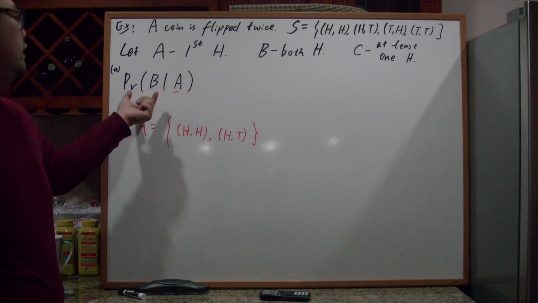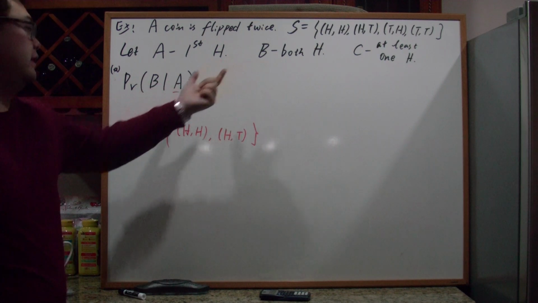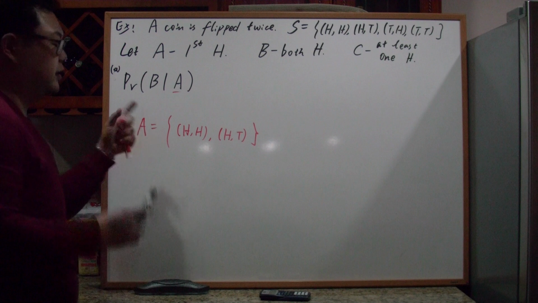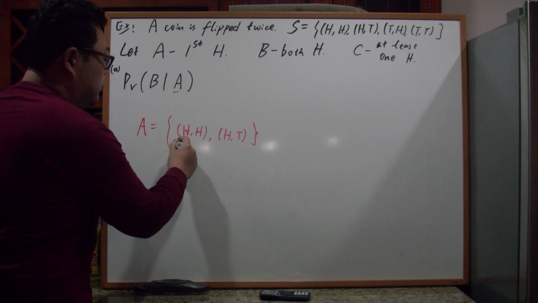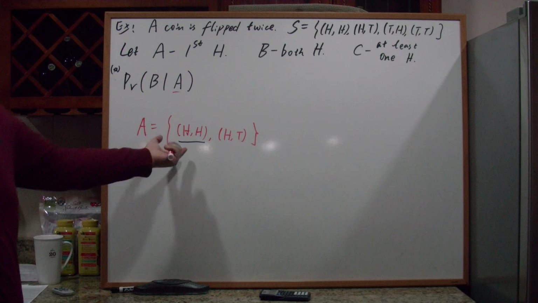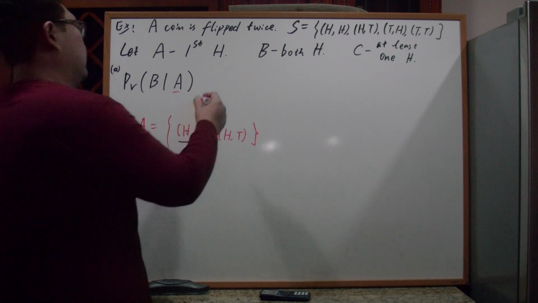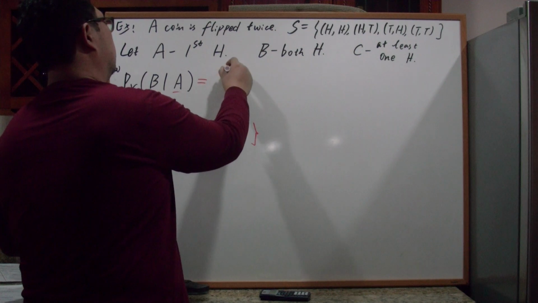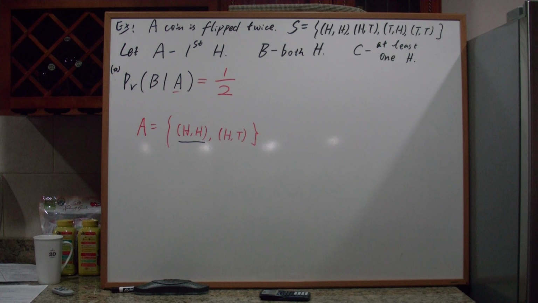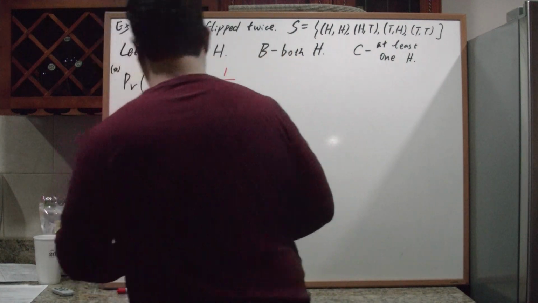What we want is the probability of both being heads if the first one is head. From the new sample space we get two outcomes, and only one of them gives both heads. So we have the likelihood of 1 over 2.